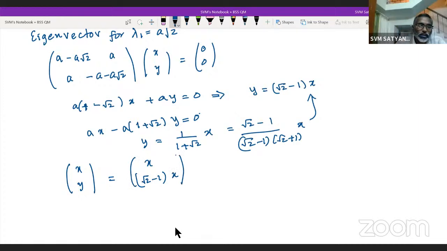Okay, so one can normalize this. If you normalize, what happens? The norm is equal to square root of x square times 1 plus (root 2 minus 1) the whole square.